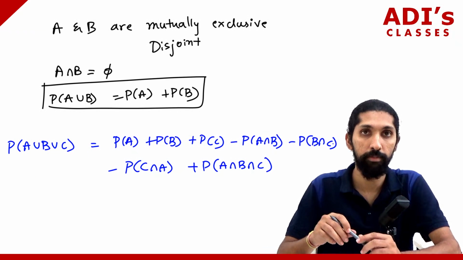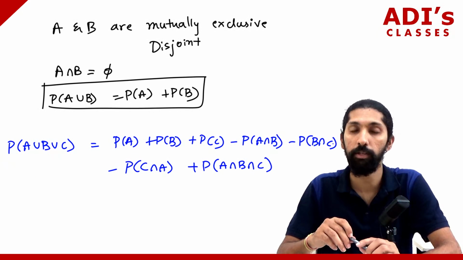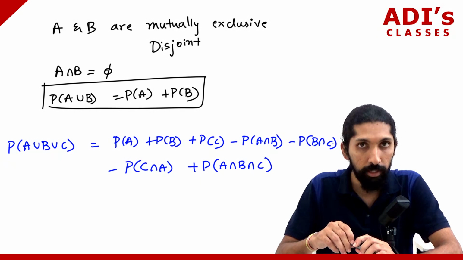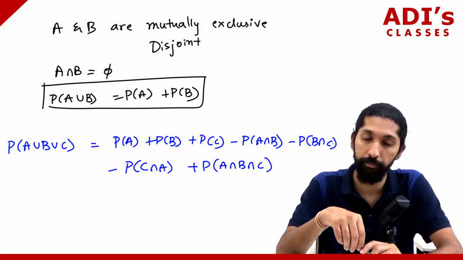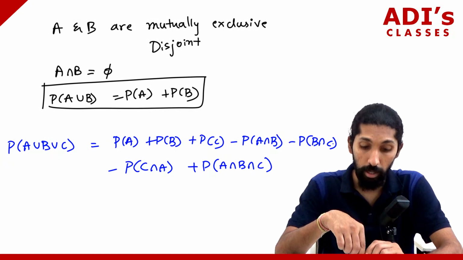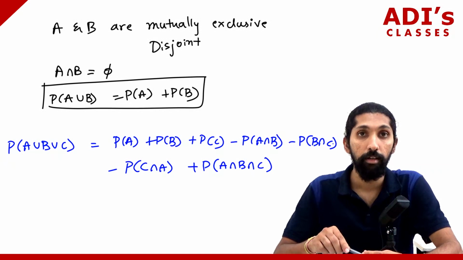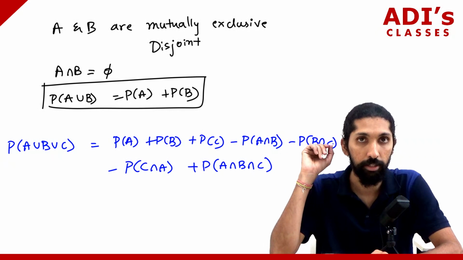In some problems we might use this, but not in all of them. In most cases we are going to use just P of A plus P of B minus P of A intersection B. Understood? So this is what we have for the union and intersection part.